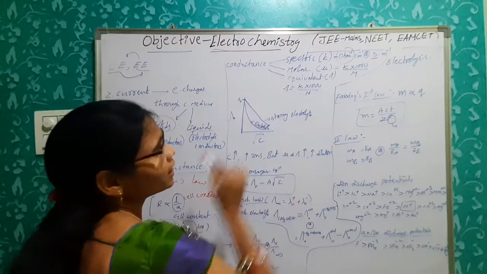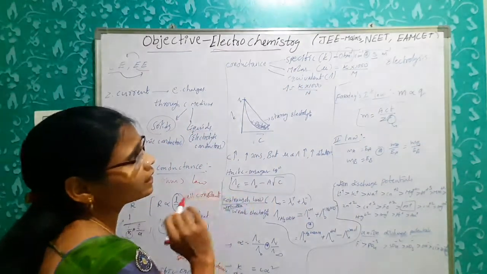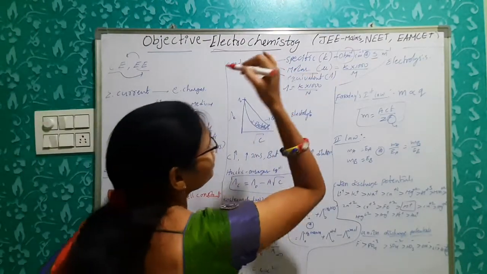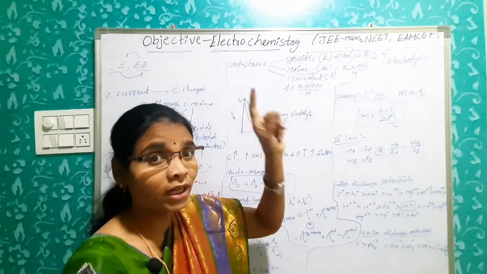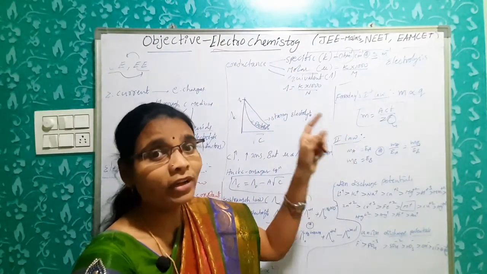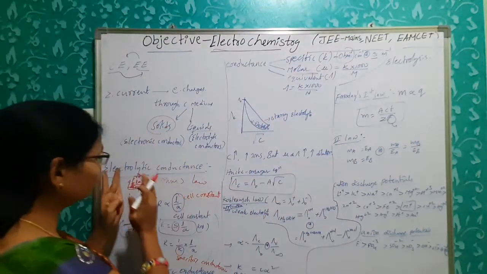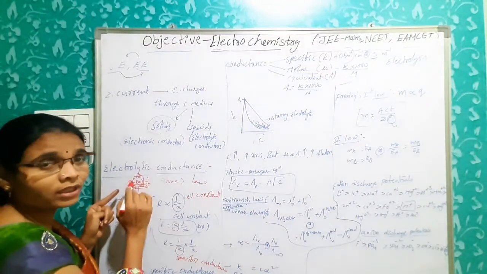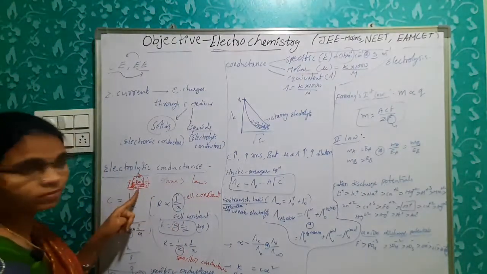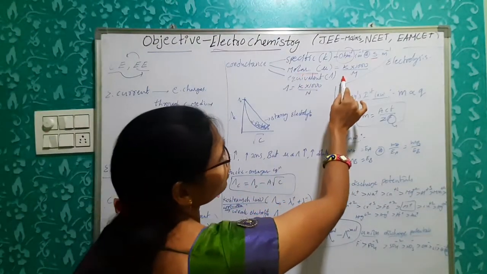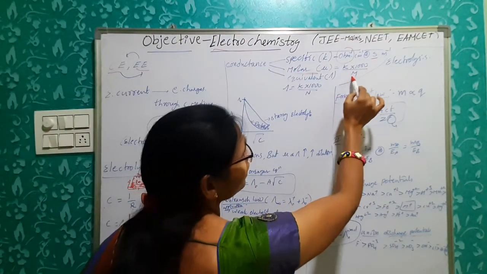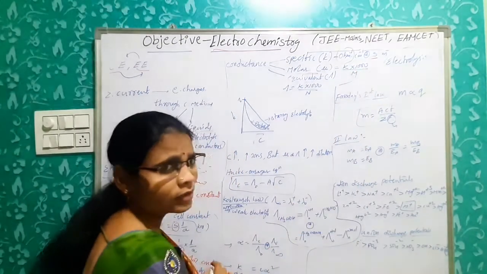The next is molar conductance. It is the conductance of a unit volume of solution containing 1 gram mole of electrolyte enclosed between two electrodes separated by unit length and unit area of cross section. The formula is K into 1000 by molarity, since it is 1 gram mole of solute.